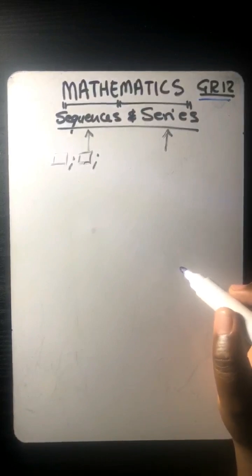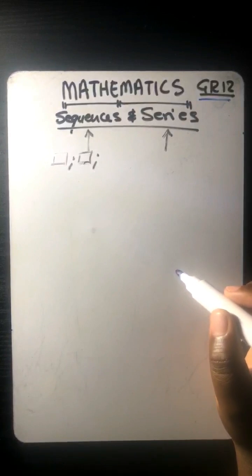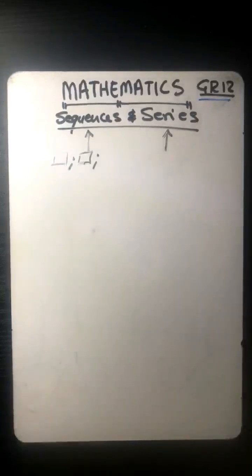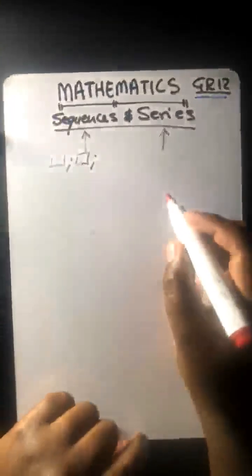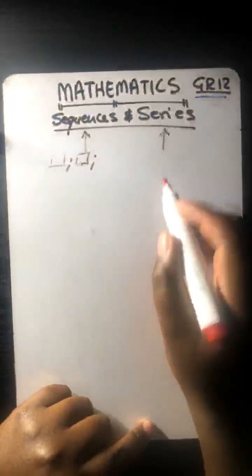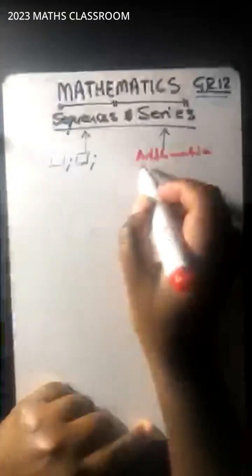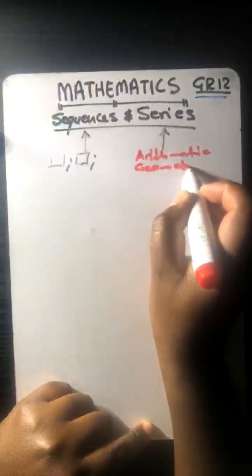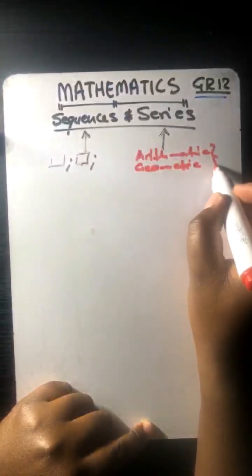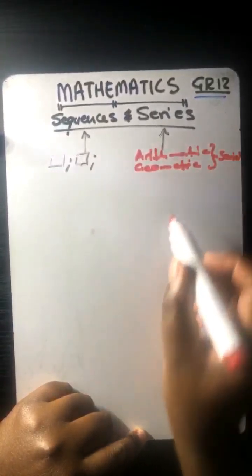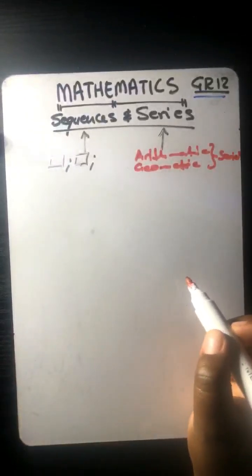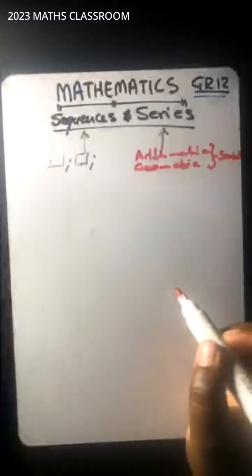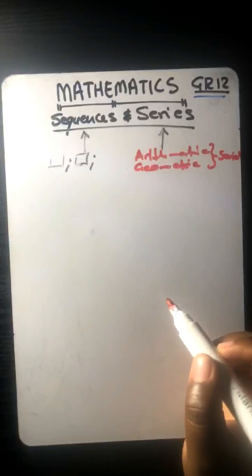Listen very carefully. When we look at a series, we've got what we call arithmetic and geometric series. What I'm about to explain is in the screenshot that I sent in the group, so if you write some notes it's fine, and if you don't, you can still refer to that screenshot.